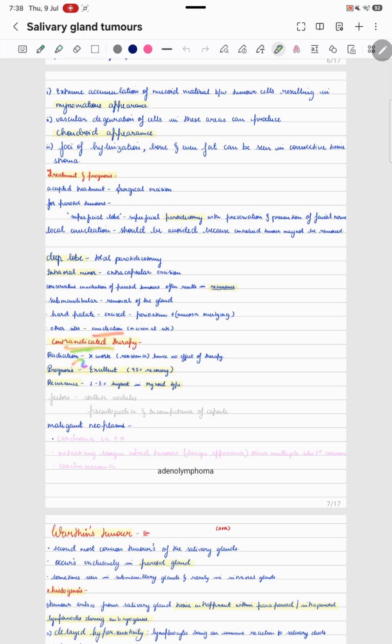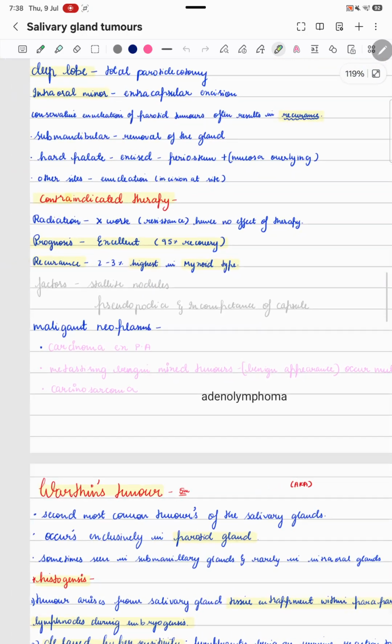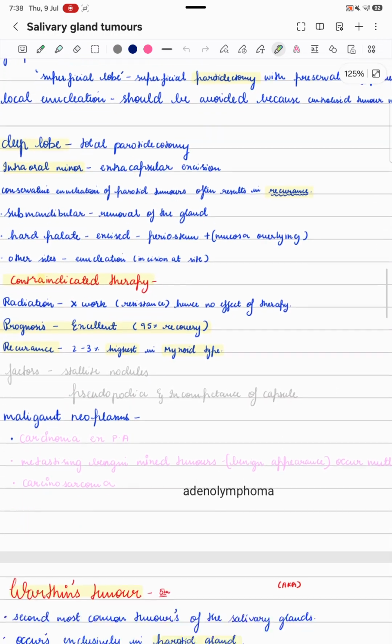Radiation is contraindicated; radiation therapy does not affect this tumor. Prognosis is excellent with 95% recovery, and recurrence is highest in the myxoid type of tumor, about 2 to 3%, but otherwise prognosis is good.